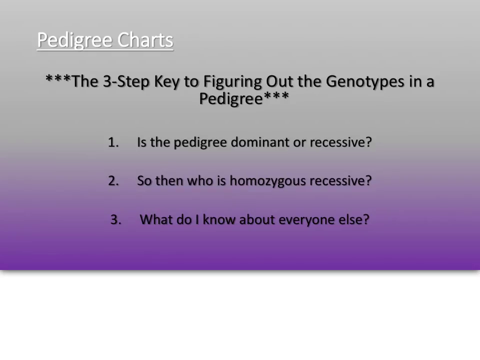So the first question you're usually going to be asked is: is the pedigree you're looking at dominant or recessive? Here's what you want to look for. If that pedigree is dominant, meaning it is showing you a dominant trait, so the shaded people have a dominant trait, you're going to notice a couple of things.